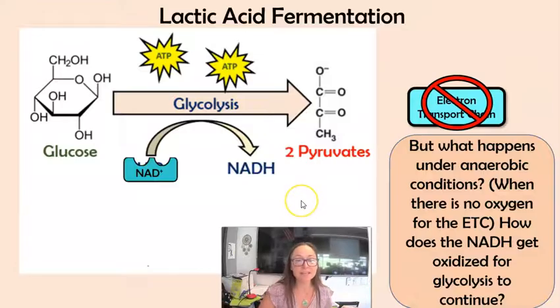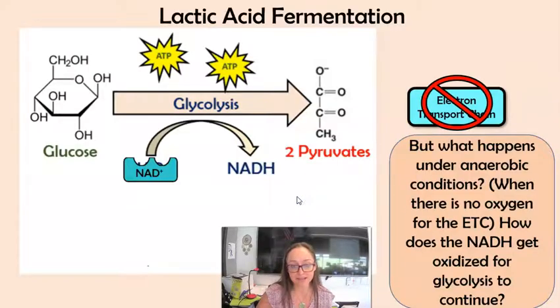In glycolysis, pyruvate is the end product. But when there's not any oxygen, and we don't have aerobic respiration, pyruvate isn't going to enter the mitochondria. Pyruvate is now like a waste product at the end of glycolysis, and it will stay within the cytoplasm.